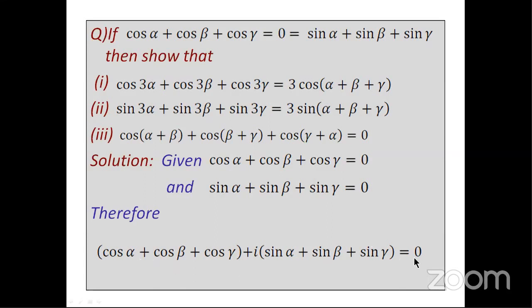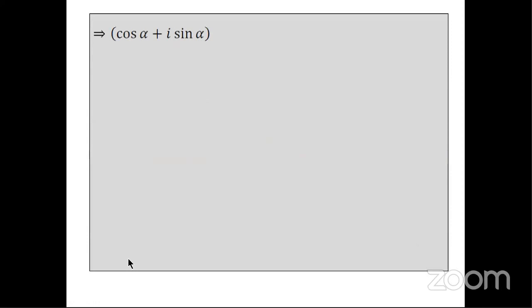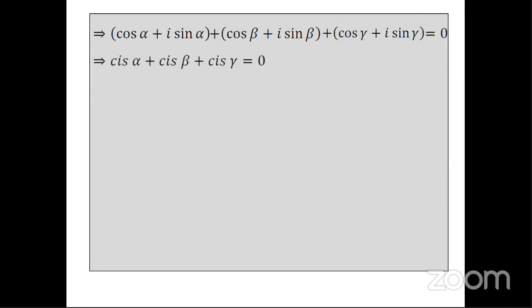When I get this whole statement as 0, I can always write cos alpha plus i sin alpha plus cos beta plus i sin beta plus cos gamma plus i sin gamma is equal to 0. We are rearranging all those brackets. Then the first bracket can be taken as cis alpha plus cis beta plus cis gamma is equal to 0.